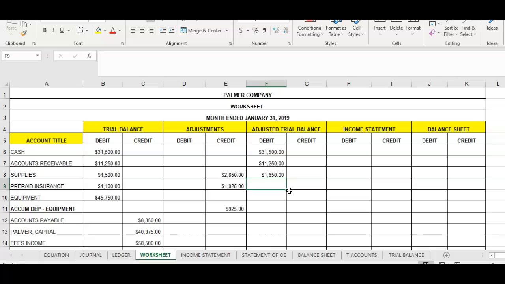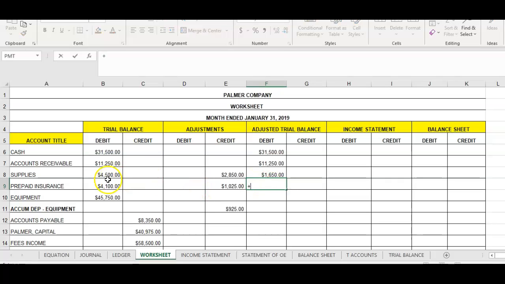Prepaid insurance was also adjusted. The amount was $4,100 before adjustment, a debit balance. Then the account was credited for $1,025. So we must show what would be our prepaid insurance balance after the adjustment.